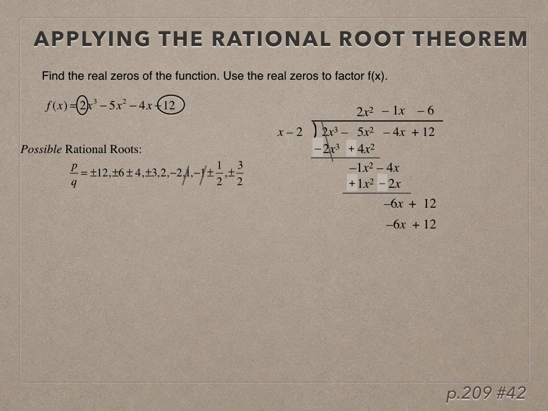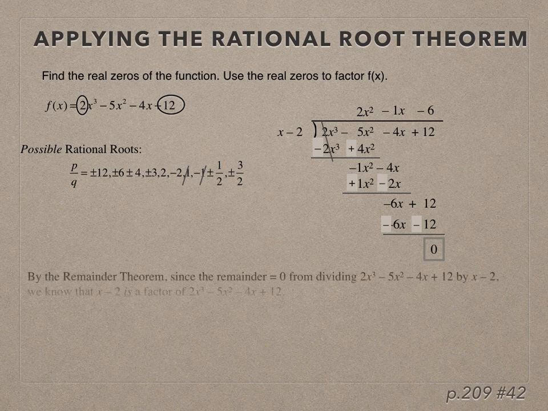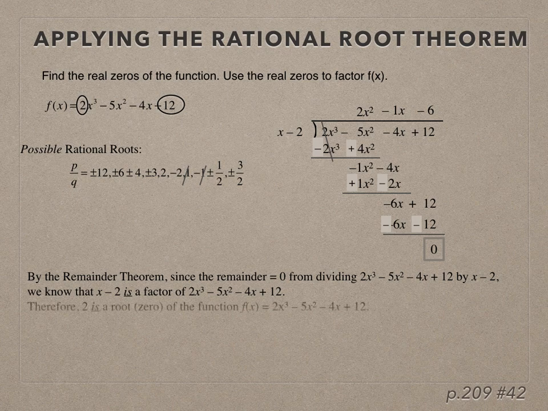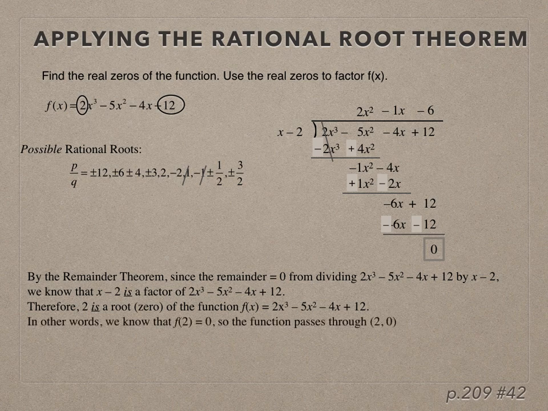I'm going to multiply, then I change my signs and I add, and I get a remainder of 0. So I have found a factor of the original polynomial function. I know by the remainder theorem that x minus 2 is a factor. Now what does that mean in terms of the root? Therefore, I know that 2 is a zero of this function. I know that this curve passes through the point (2, 0).